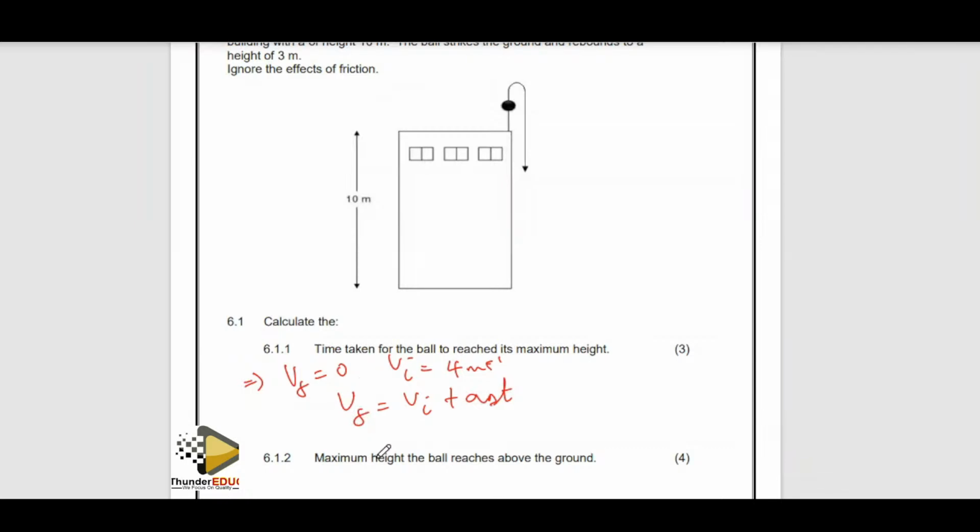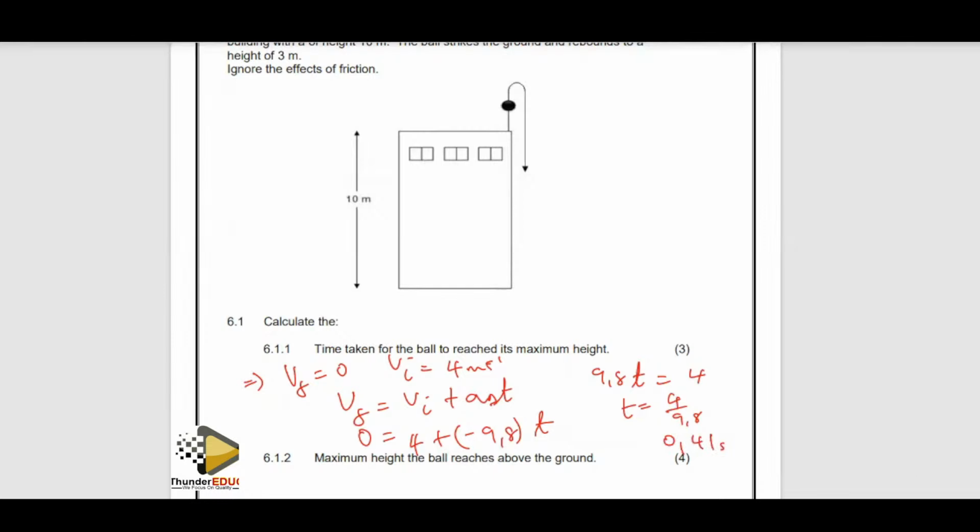Our Vf is 0, our Vi is 4, and since we're throwing the ball upwards, it's negative 9,8 times t. Move the 4 to that side, so 9,8 t is equal to 4. Divide both sides by 9,8. 4 divided by 9,8, I'm going to get 0,41 seconds.